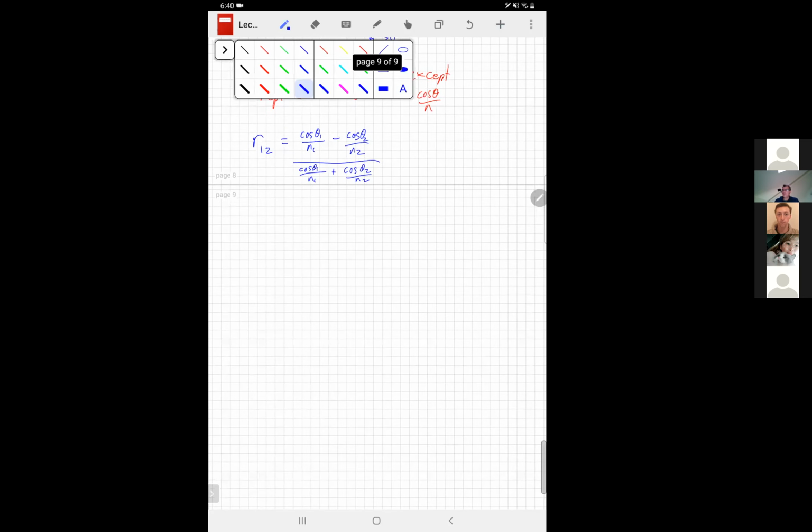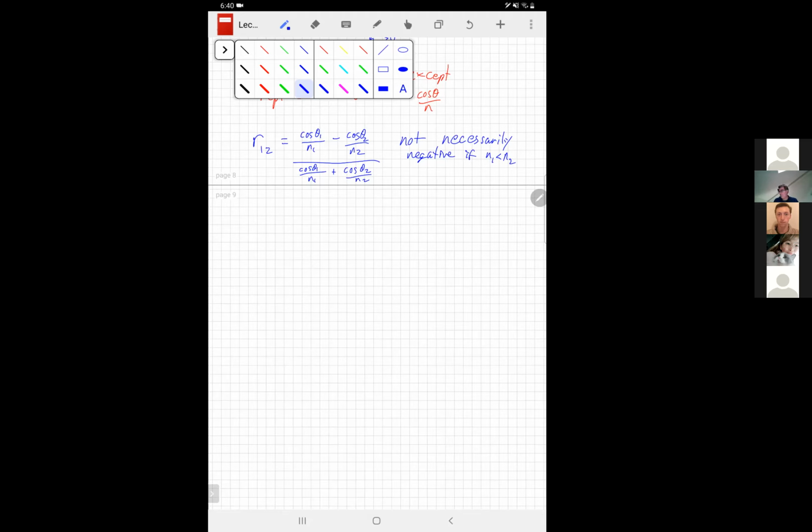All right. Now everything is more complicated. This is not necessarily negative if n1 is less than n2, because now we've got n1 in the denominator instead of the numerator.